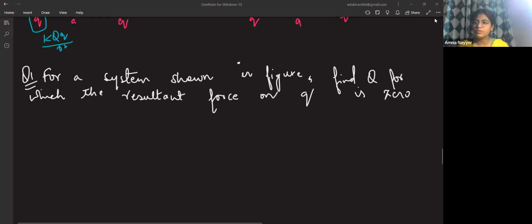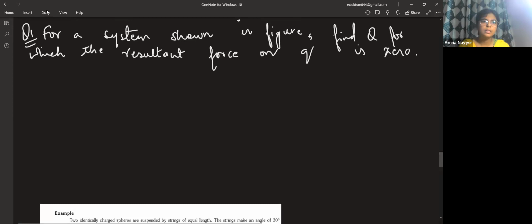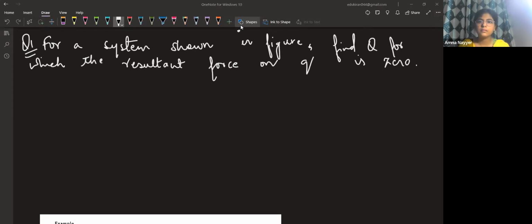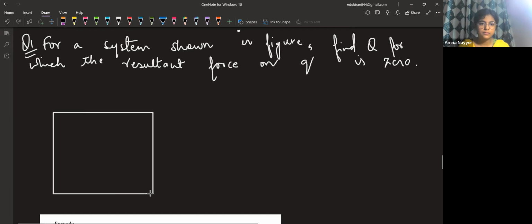Let me show you the figure. See, a square is given to you. This is small q charge. Here you have the small q charge. Capital Q is there. Capital Q is there. These are negative.